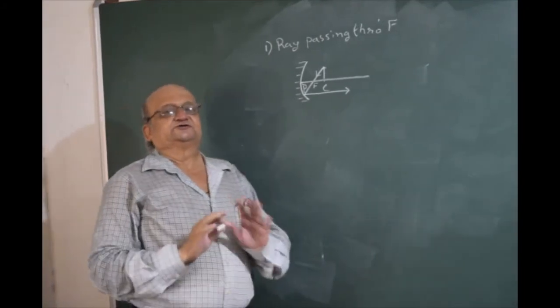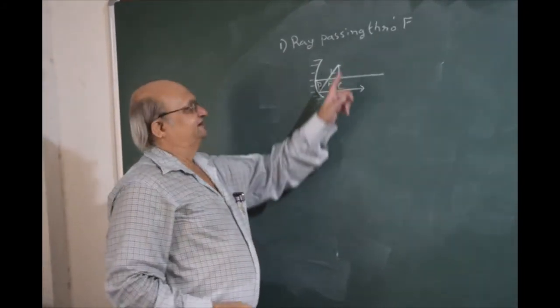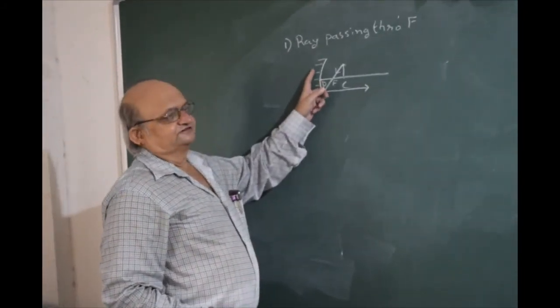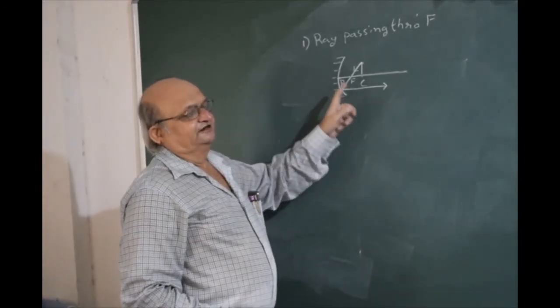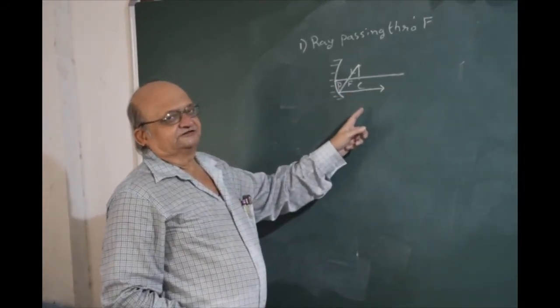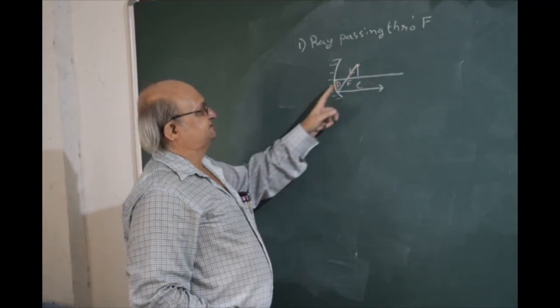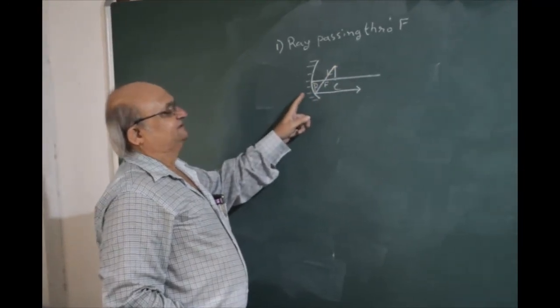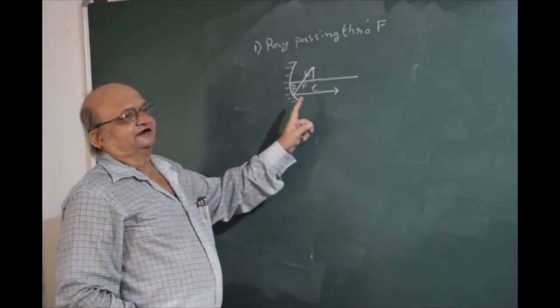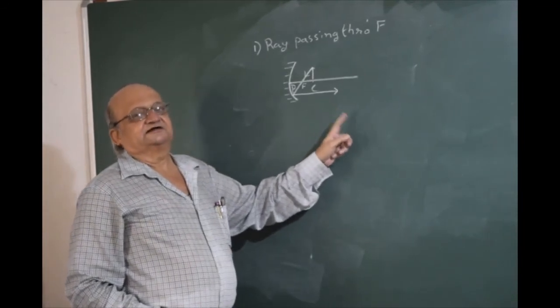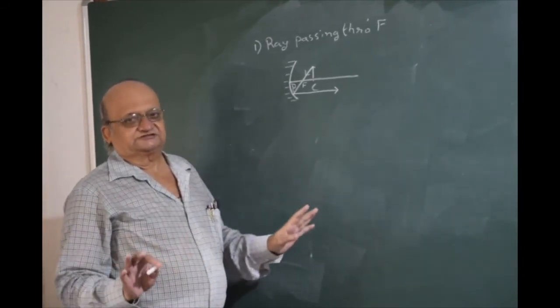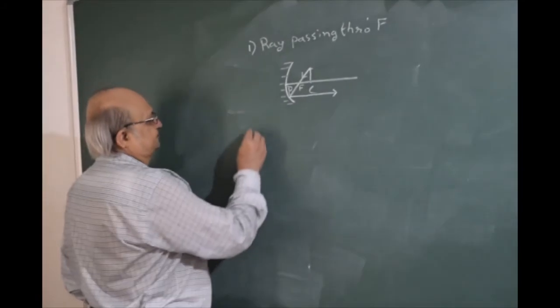Remember, there is no choice. If the ray is parallel to the principal axis, it has to reflect and pass through the principal focus. If the ray is passing through the principal focus, it has to get reflected and become parallel to the principal axis. No choice.